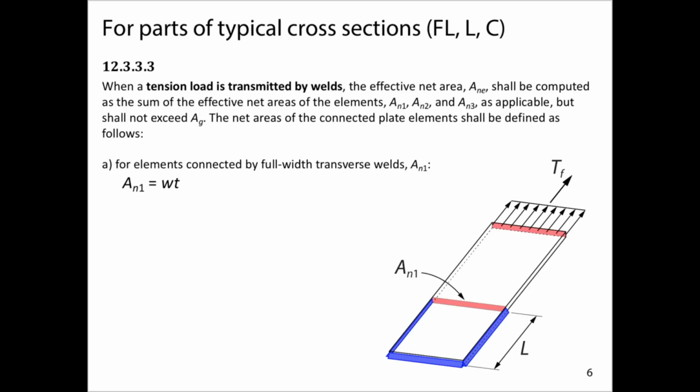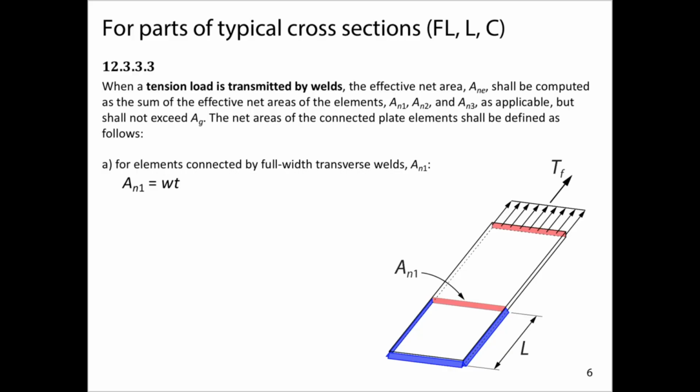But then we started to talk about these welded connections. For a flat bar that's welded by a transverse weld along the edge of the plate, in an arrangement that's perpendicular to the applied force, we're not taking away any area for bolt holes, and we're not reducing the net effective section to account for how the stresses are transferred into the cross-section.